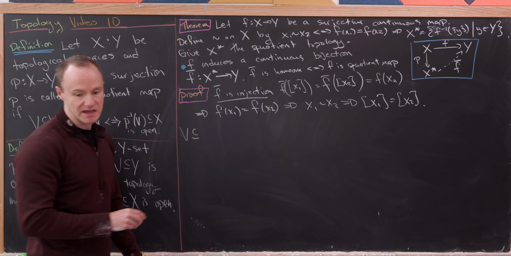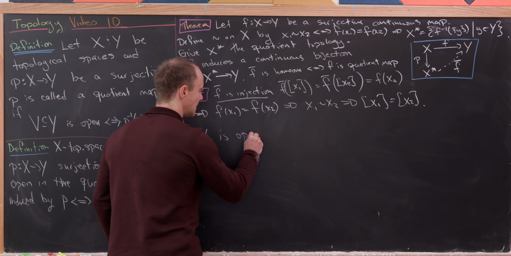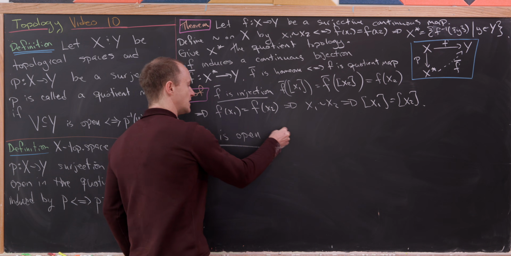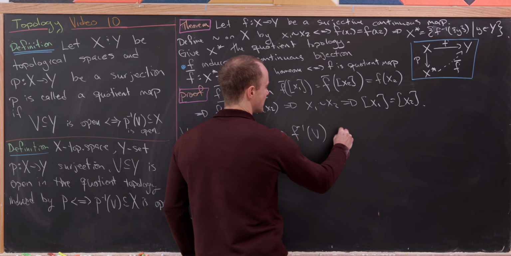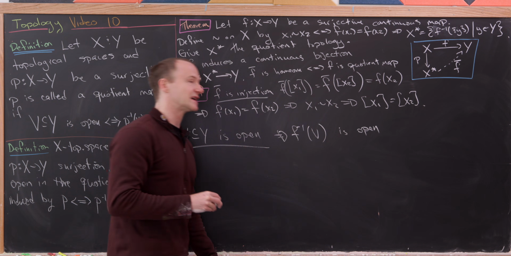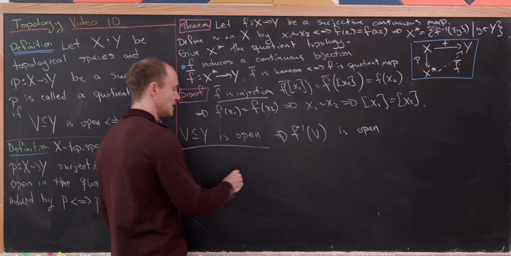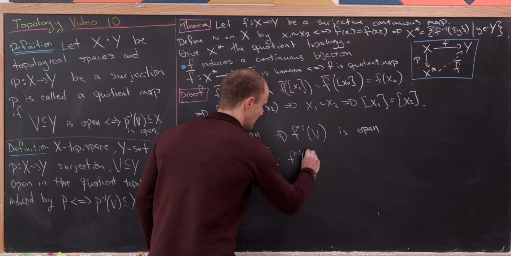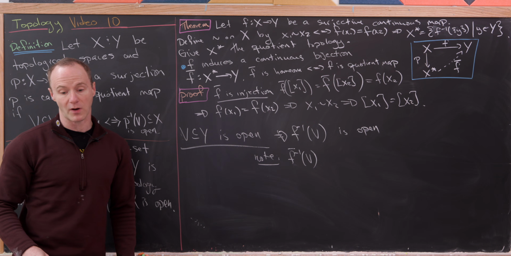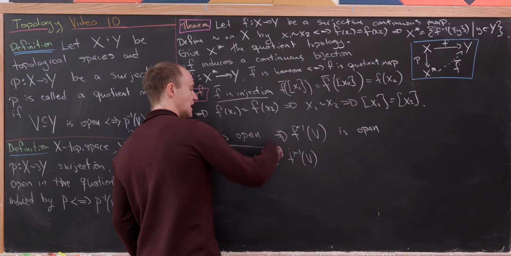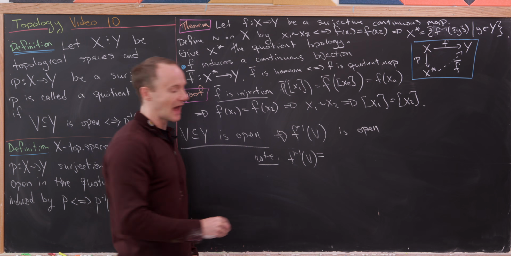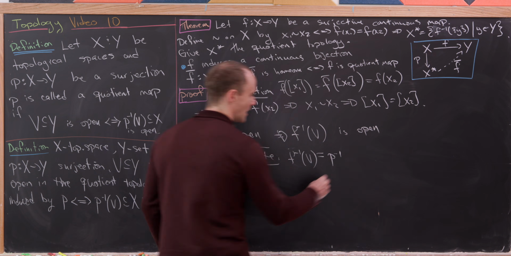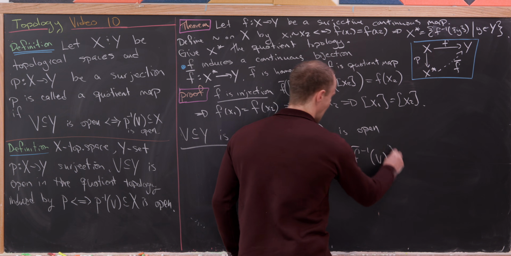So let's say that V inside of Y is open, and we want to look at the pre-image of V. Notice that we know immediately that the pre-image of V under f is open because f is a continuous map. But then let's note the following: the pre-image of V under f can be decomposed as the pre-image under P, the projection map, applied to the pre-image under f bar.